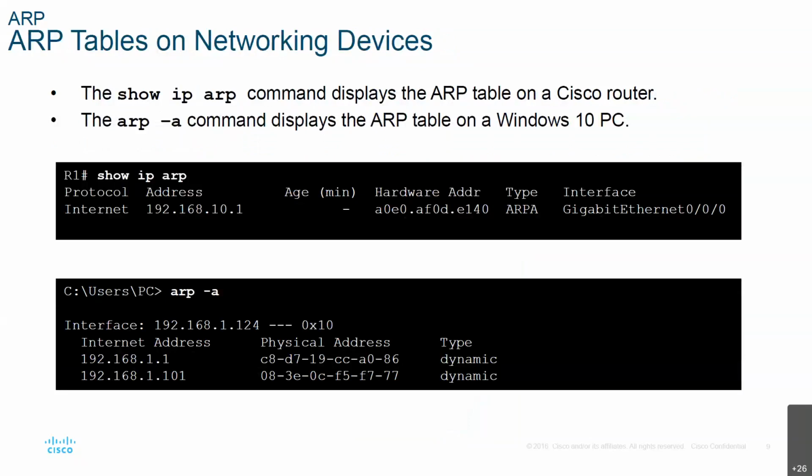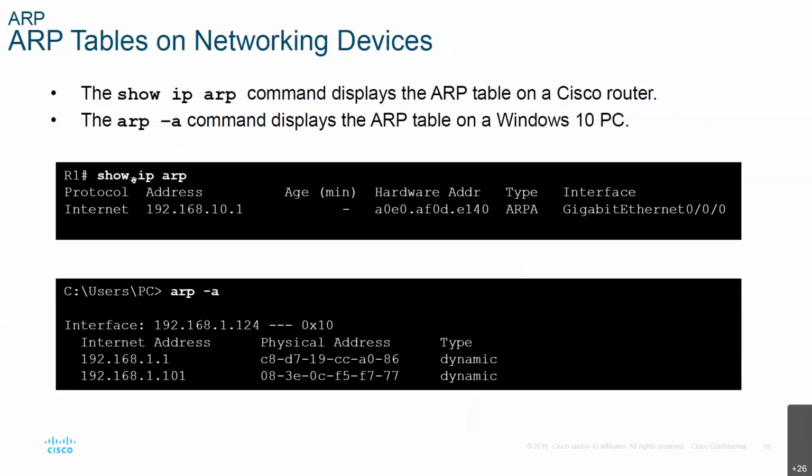In order to find out what information you have in your ARP table, you give the command show IP ARP. On your Windows system, you can type ARP -a to get this information. This is a pretty powerful command.